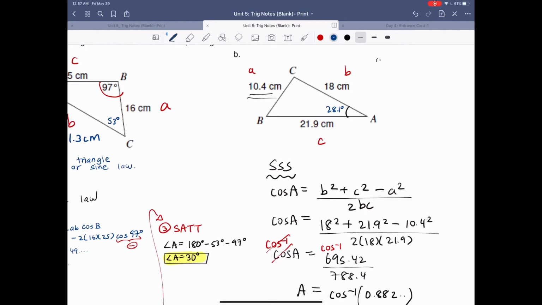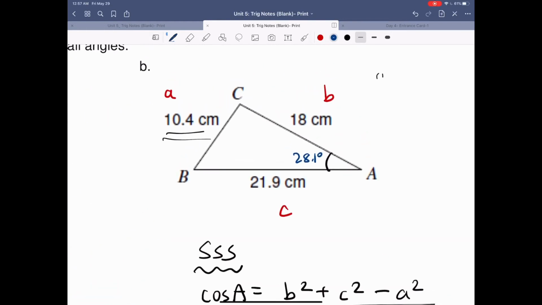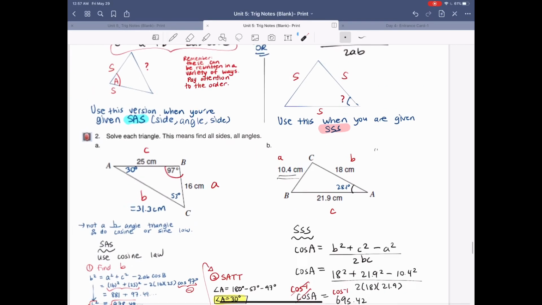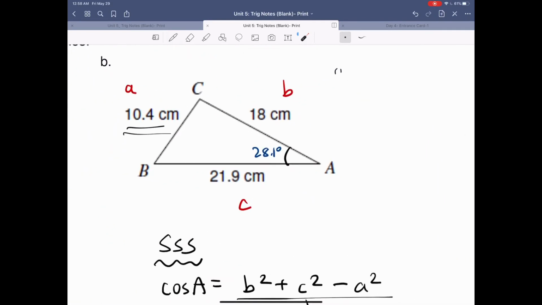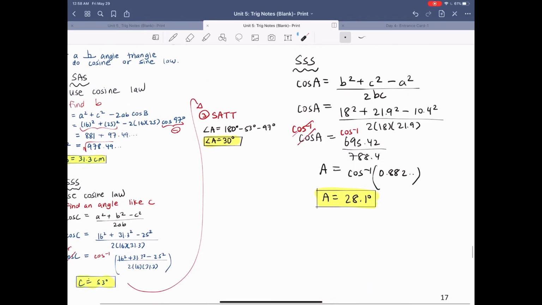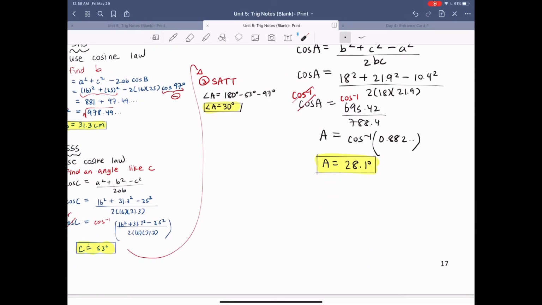Side angle side is not really going to help me, because that's going to help me find this side. Remember, I can use my sine law, because if I know this angle and this side, then I could use, let's say, this side and find this angle. So really my only choice for my next step is to use the sine law.